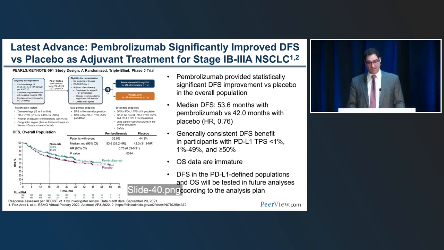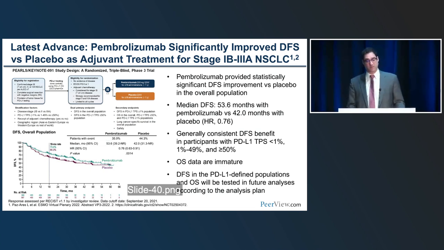And then most recently, as of last week, there was the PEARL study, which looked at pembrolizumab, a PD1 immune checkpoint inhibitor, in the post-surgical setting after surgery and chemotherapy. So a similar study to the Empower010 atezolizumab study. Overall, as you can see in the Kaplan-Meier curve on the bottom left, there was statistically significant improved disease-free survival, median DFS of 53.6 months versus 42 months.